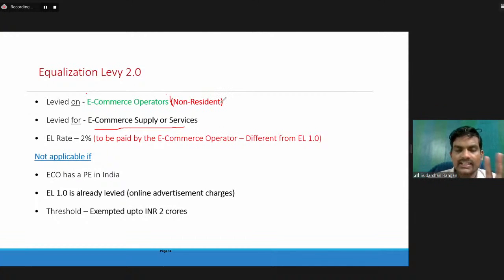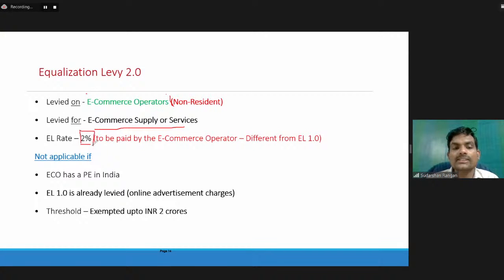So the non-resident condition still remains, and the levy should be for any e-commerce supply or services he provides to a resident in India. So if the e-commerce operator provides any e-commerce supply or services, the equalization levy rate is 2%. This is not 6%, mind you. This is only 2%. So please note the difference.